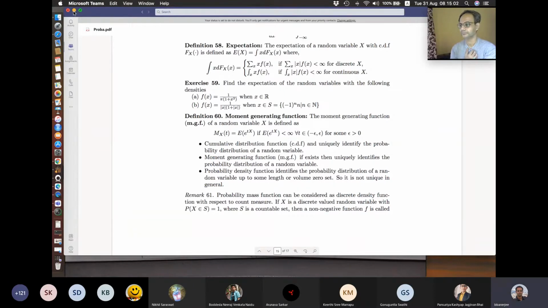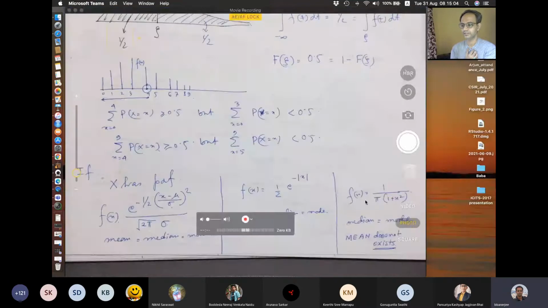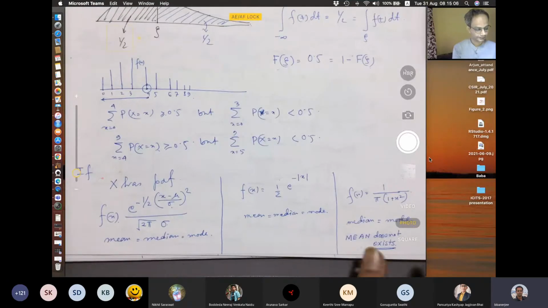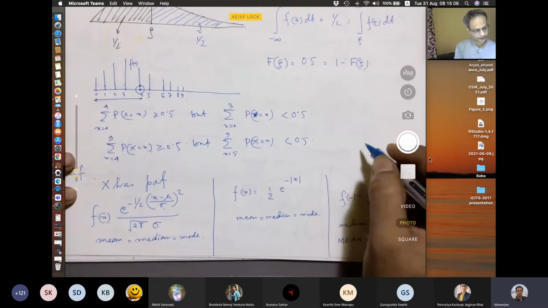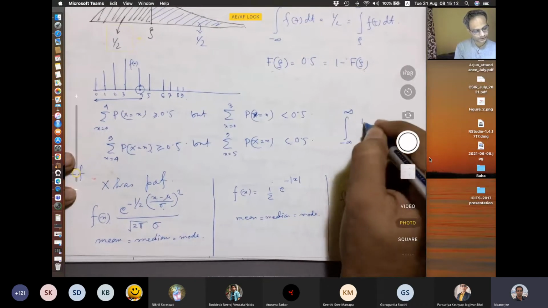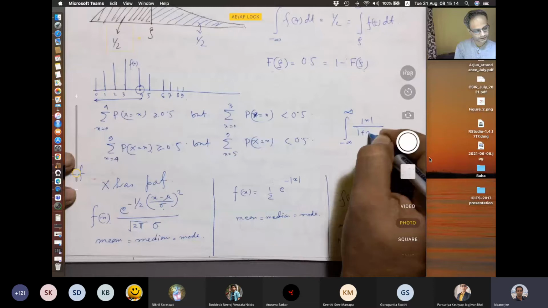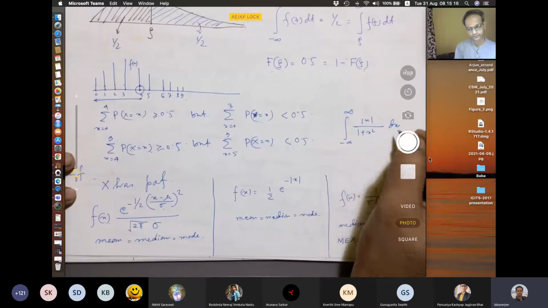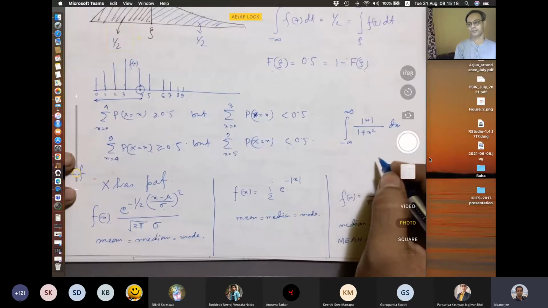So it clearly says you are not with me. Anyway, you study this integration from minus infinity to plus infinity of mod x over 1 plus x square dx, and check whether it is going to a finite number or it is going to infinity. As simple as that. Is it okay?